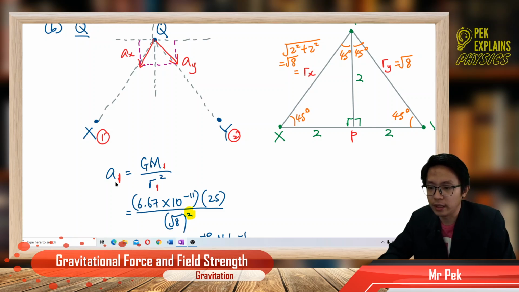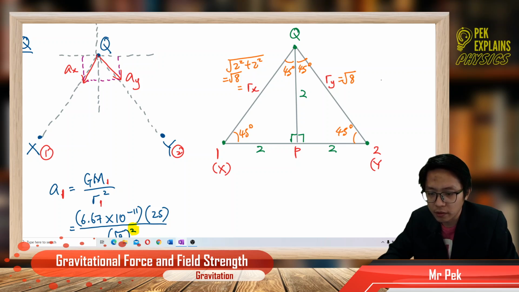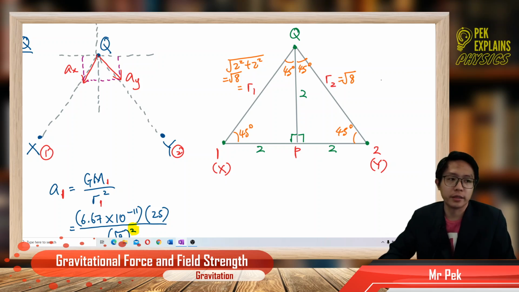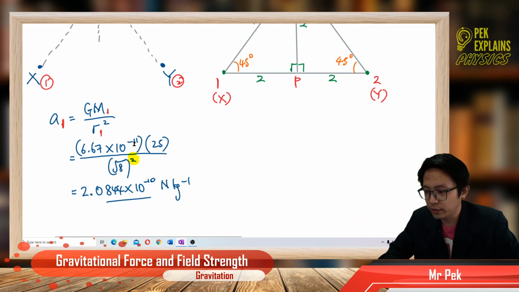All right. So just put this as 1, and this as 2. This is x and this is y. Better. Yeah. So now let us continue.